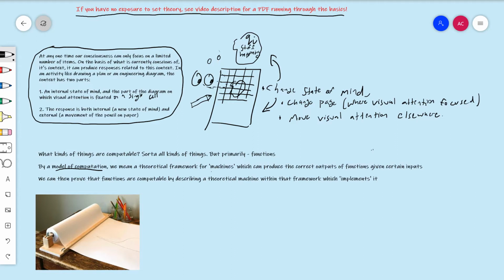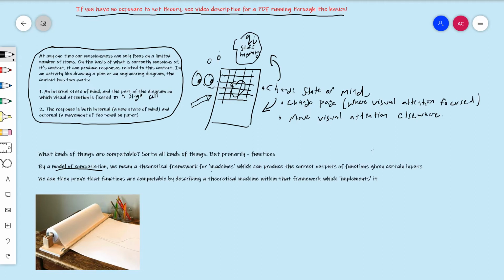I'm looking somewhere on the page. It's not really the location of where I'm looking that matters, it's what I'm seeing, right? I'm seeing something specific on the page. There's something going on in my head, and I'm going to react to that based on what I see and based on what's in my head. My state of mind is going to change, and I'm going to change what's at the point that I'm looking at on the page.